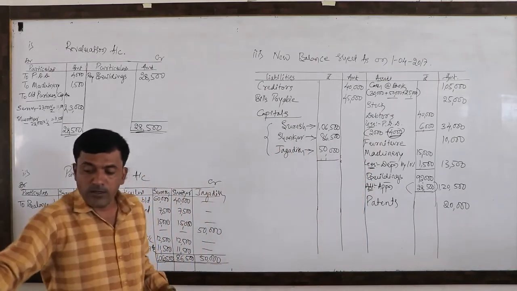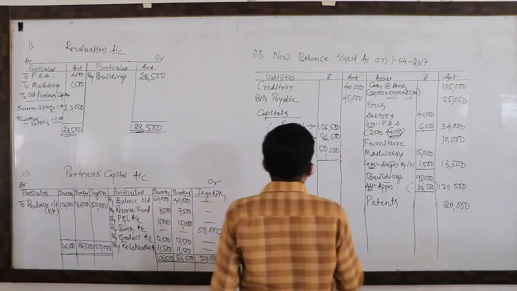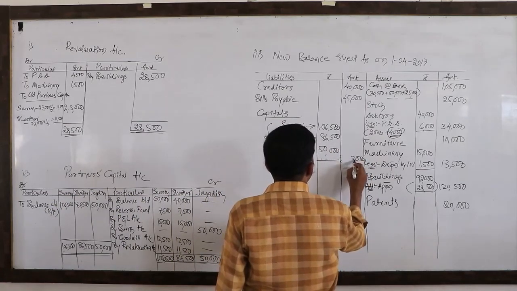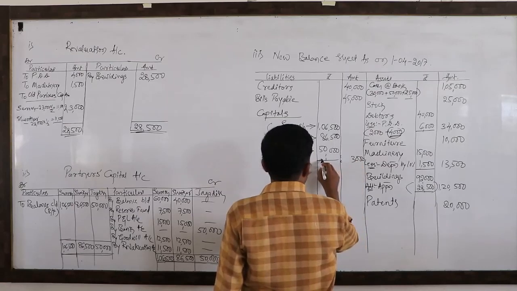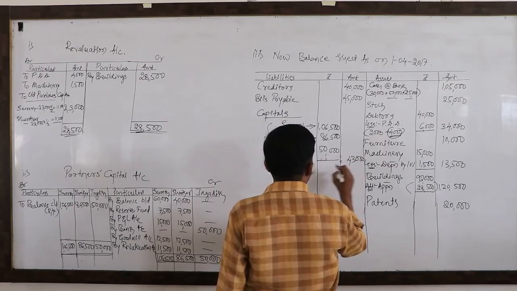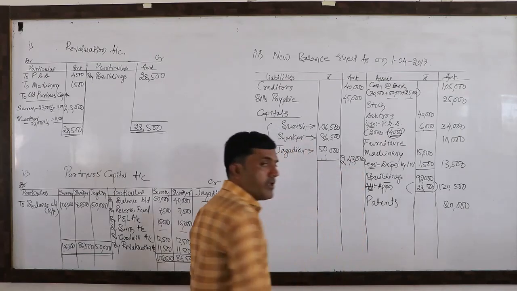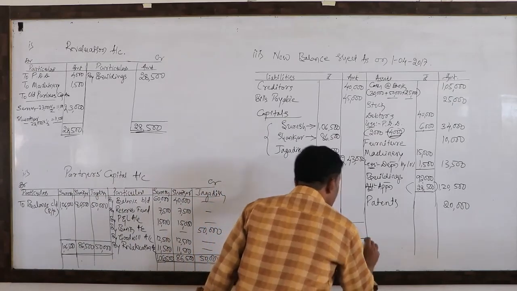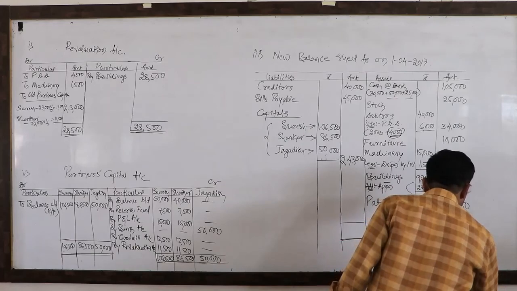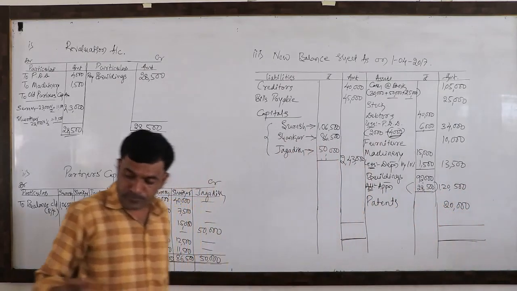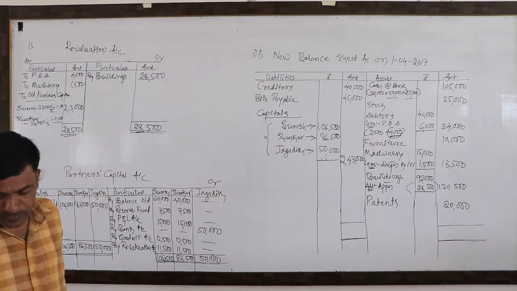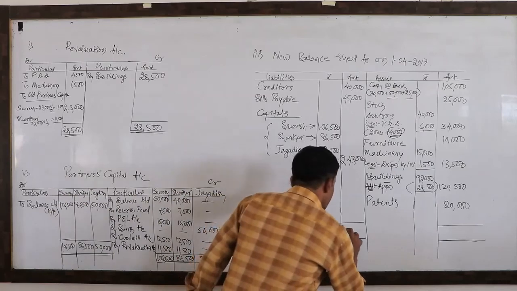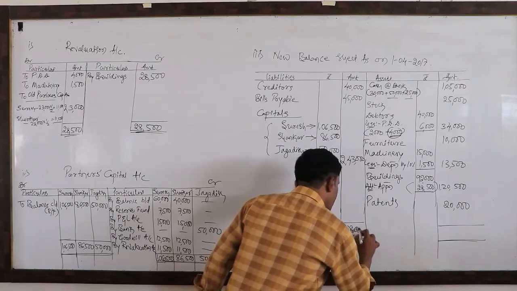The total capital of these three partners is 2,43,000. So make the total of the balance sheet. The total of the balance sheet is 3,28,000.